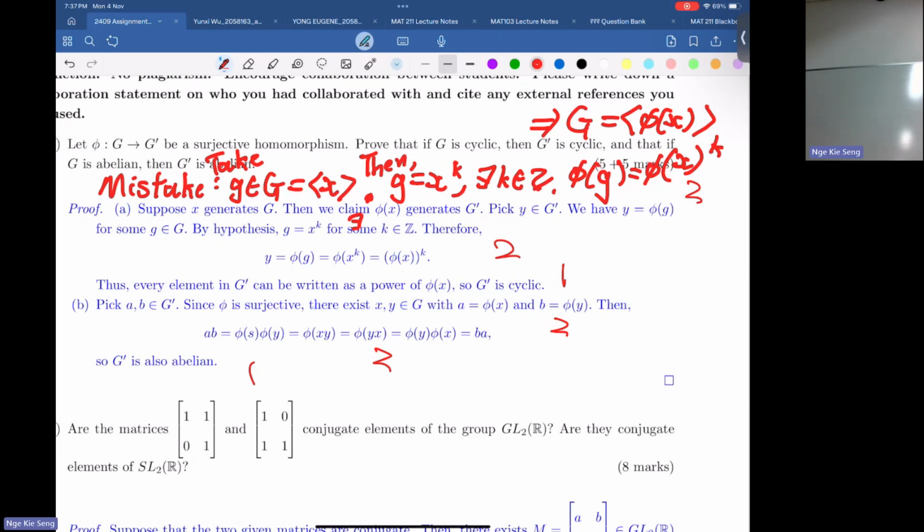You cannot hit everything in the codomain. So what can you deduce here? This should be G prime. You can only deduce that φ(G) is generated by φ(x) because you only look at the image.